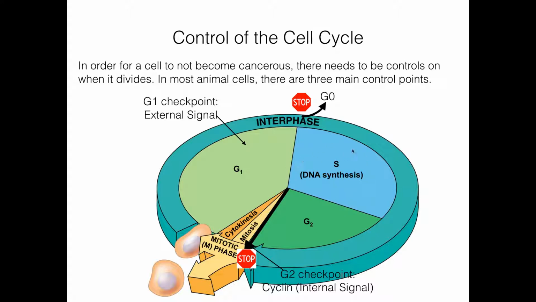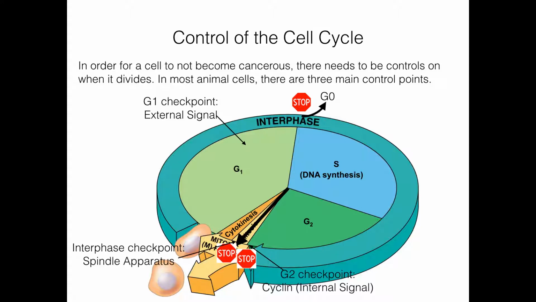So we want to make sure that we've spent enough time on our work checking everything, right? Once you pass the G2 checkpoint, because cyclin is made slowly and it builds up over time, and then when you get enough of it, you can pass through this checkpoint. Then you move into mitosis.